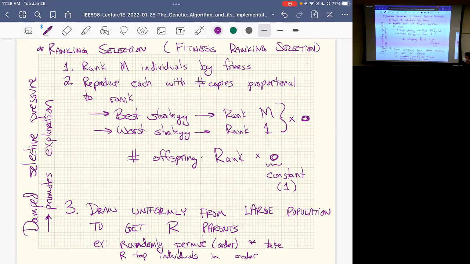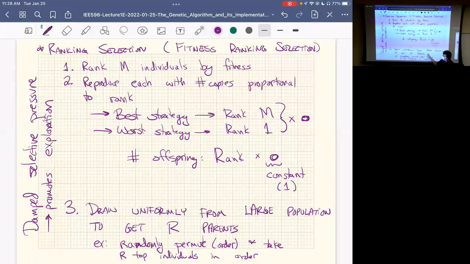And maybe I'm just missing something, but it's all a deterministic process where the top ranked one is always going to have this many and the bottom ranked is always going to have this many, and then hopefully the random number generator we use down here doesn't somehow favor some position or the other.